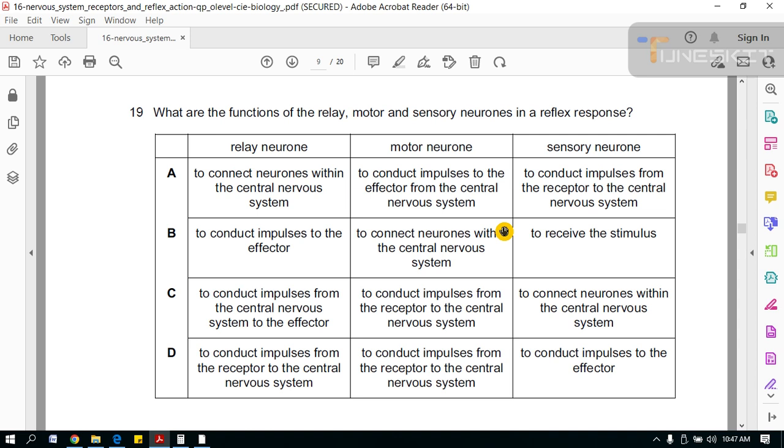You don't need to go through B, C and D, because option A is very clearly correct. The examiner is trying to assess whether you know the functions of the different types of neurons or not.